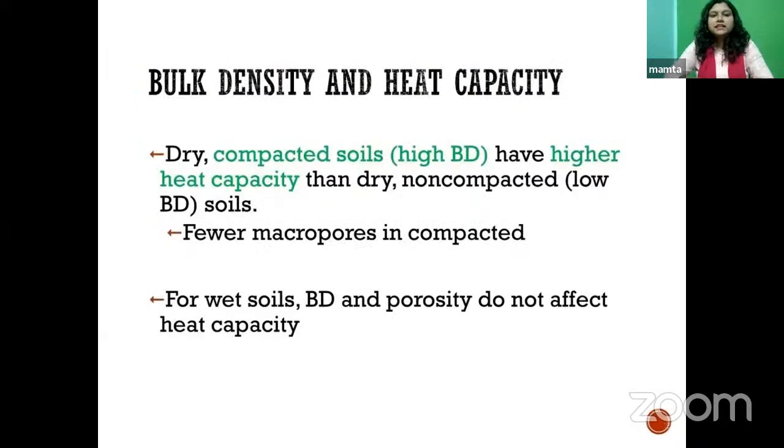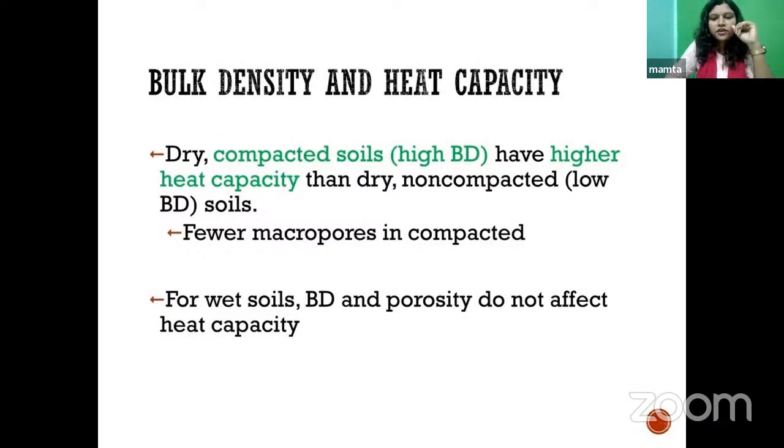So now bulk density and the heat capacity. There is the relation that the compacted soil, as in the first half we have discussed, is higher in bulk density. So the higher the bulk density, the higher the heat capacity than the dry and non-compacted soils, and there are fewer micropores in compacted soil.